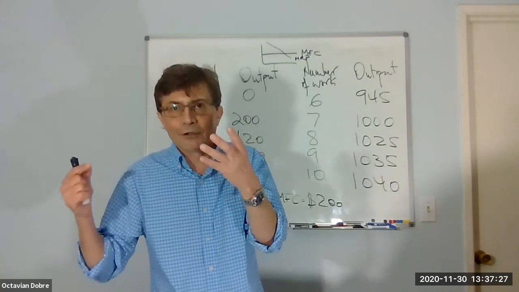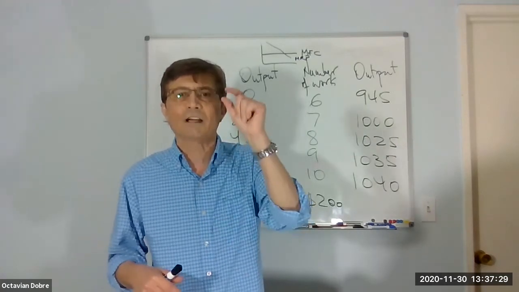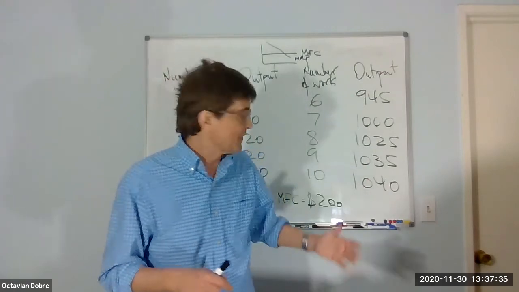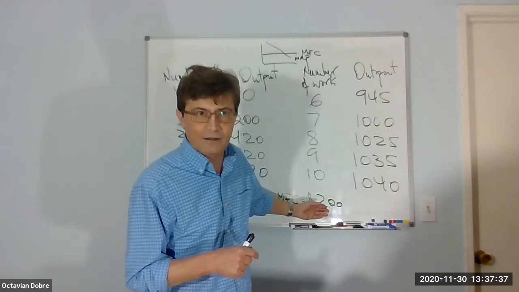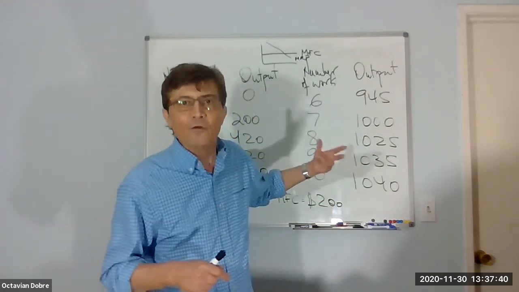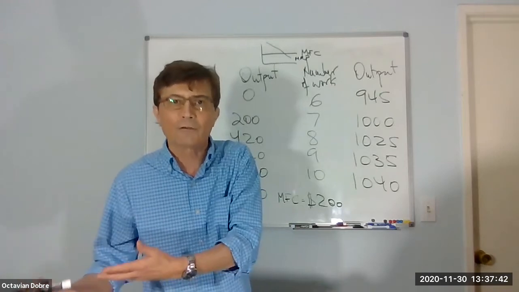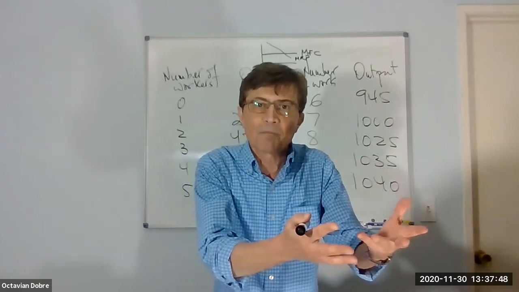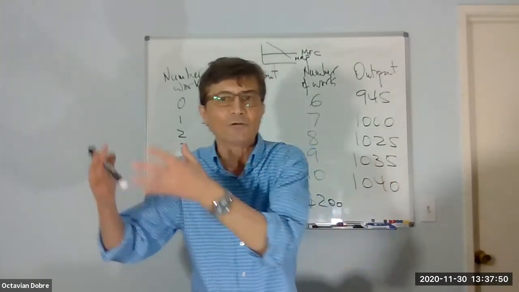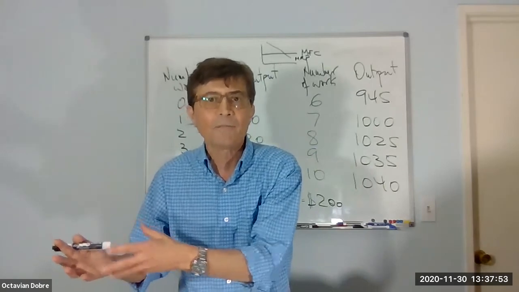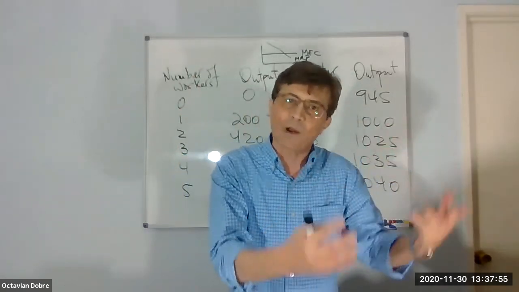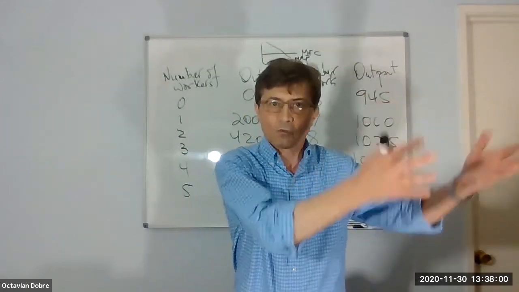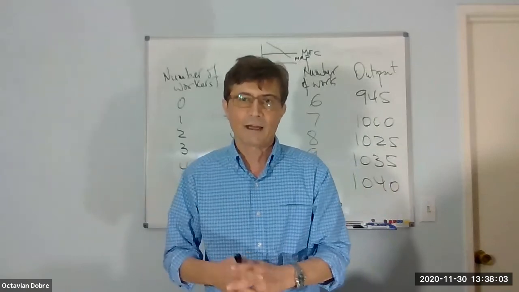You know that you hire to the point where the contribution of the last worker to the revenue is equal to their contribution to the cost. Their contribution to the cost is $200. Their contribution to the revenue has to be equal to $200, but you only know that they contribute 25 units. So since 25 units has to translate into $200, the price has to be $8 a unit, because $8 times 25 units equals $200.